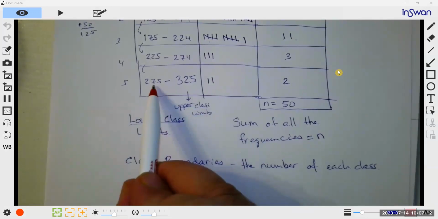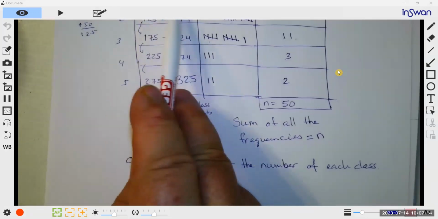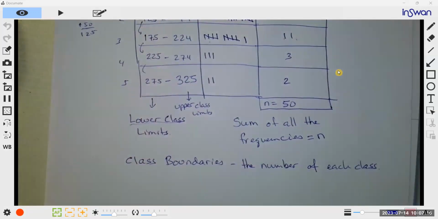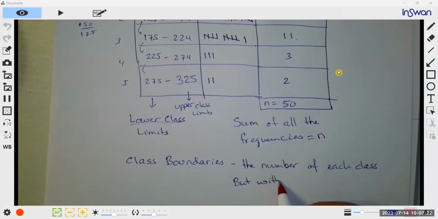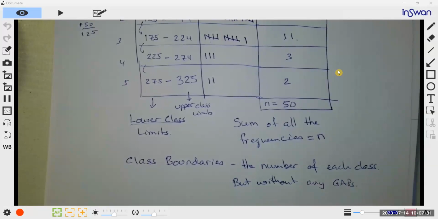In other words, you notice that we go from 75 to 124, or 125 to 174. But we don't want to have any gaps.